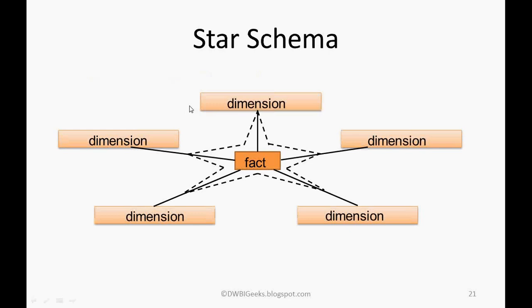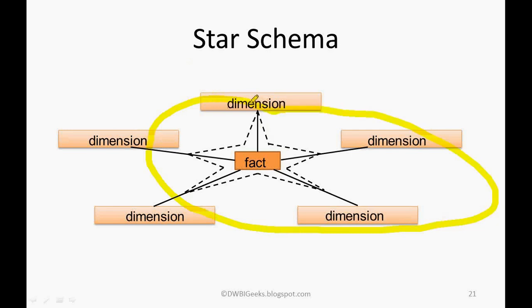A star schema is nothing but a fact surrounded by a group of dimensions. The fact table is the central table, and it has a direct relationship with various dimension tables. If you want to query any single data set, it involves very few joins. If you want to query data from a dimension and the fact, it involves only two joins.